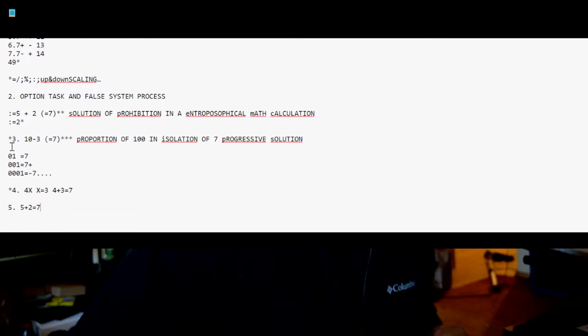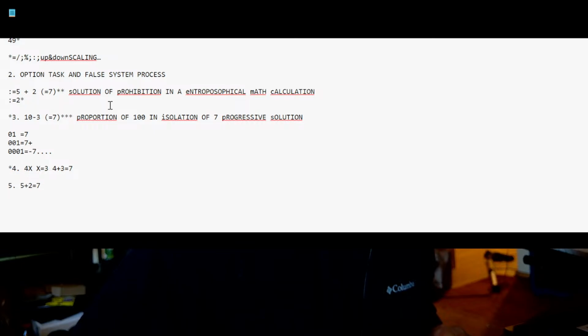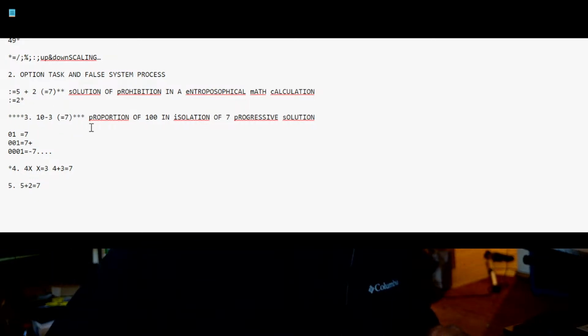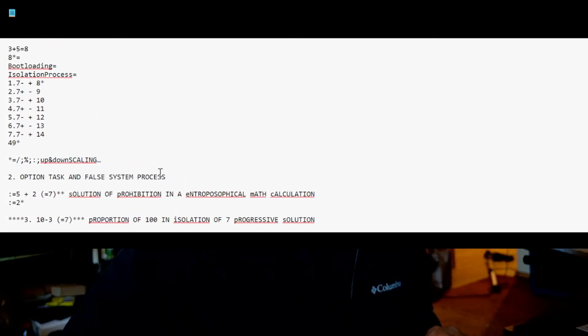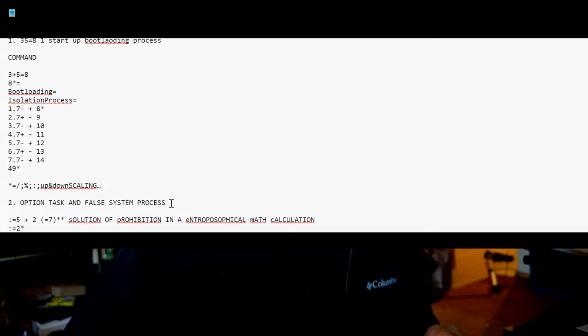yeah, we have to make more stars here, right? So 1, 2, 3, 4. In this 4, and then, yeah, maybe this is the 1, huh? This is the 2.